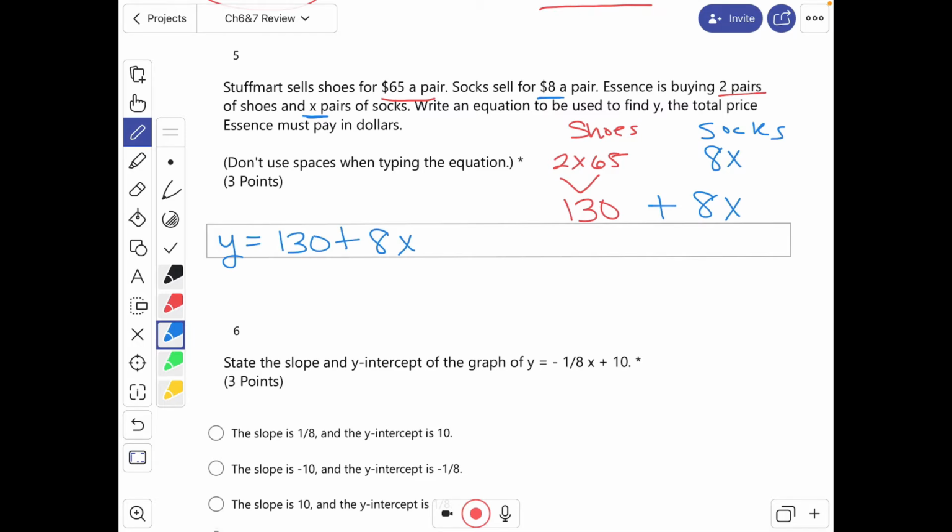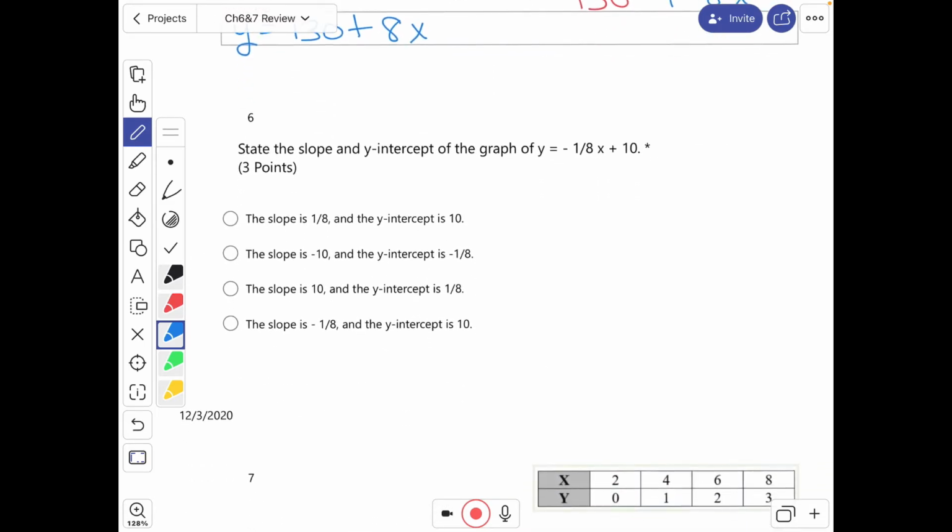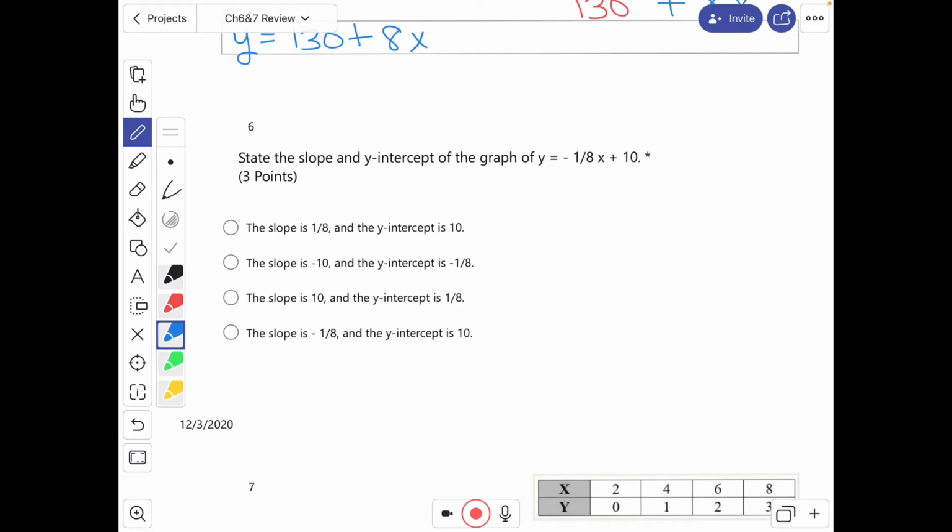Number 6 should be the easiest one on the test. State the slope and y-intercept of the graph of y equals negative 1/8 x plus 10. Remember, the number next to x is the slope, and the number by itself is the y-intercept.